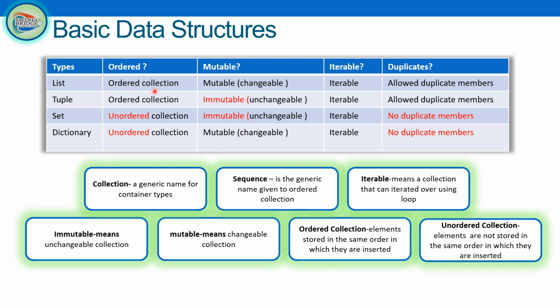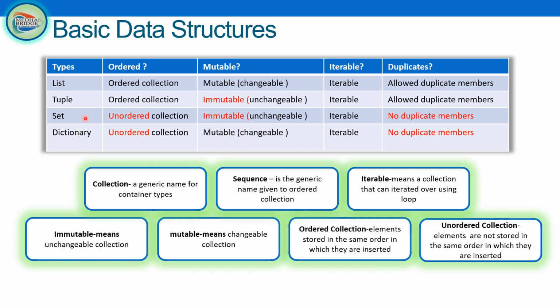List is ordered collection. Ordered collection means elements are stored in the same order in which they are inserted. Lists are mutable, meaning changeable collection. Tuples are ordered collection and immutable. Immutable means unchangeable collection.